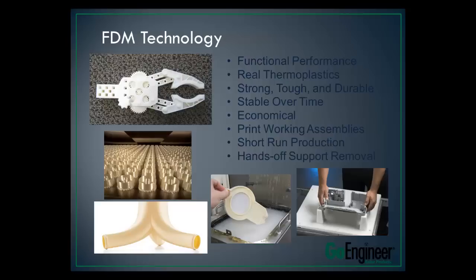It extrudes real thermoplastic: ABS, polycarbonate, Ultem. It's not what others may call, I'm making air quotes, you can't see it, a "like" material. You'll hear that a lot with other rapid prototyping machines or 3D printing machines: ABS-like material, polycarbonate-like material.